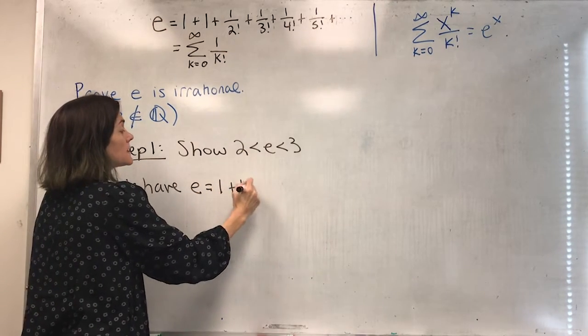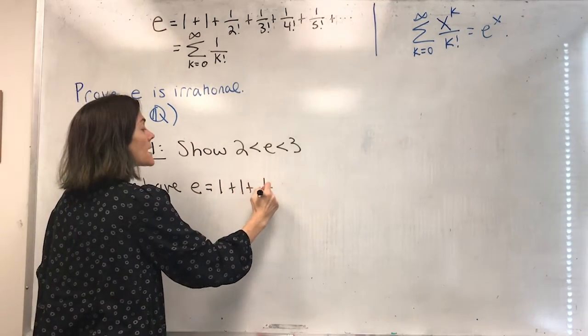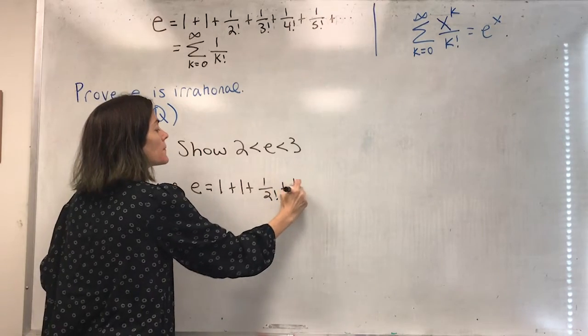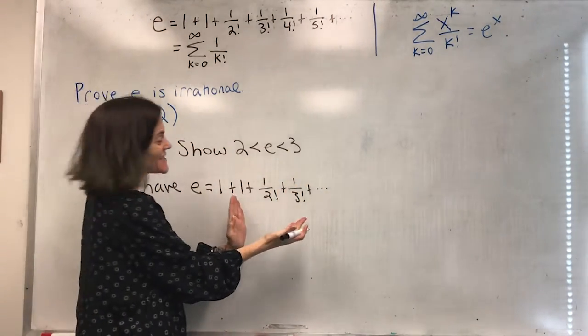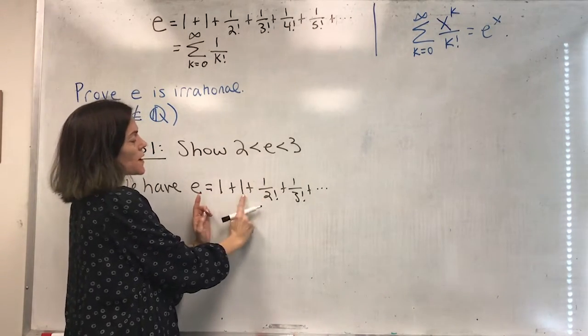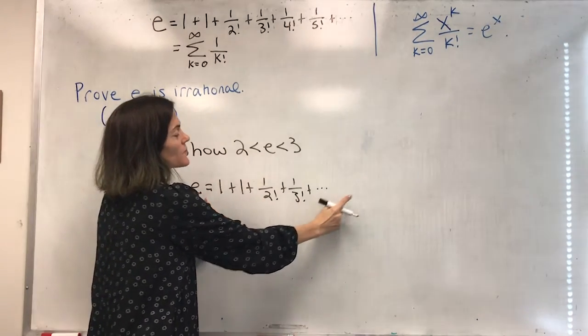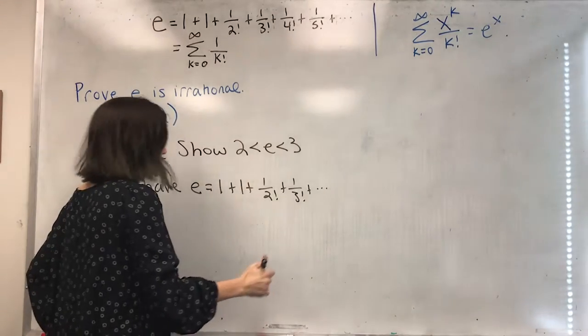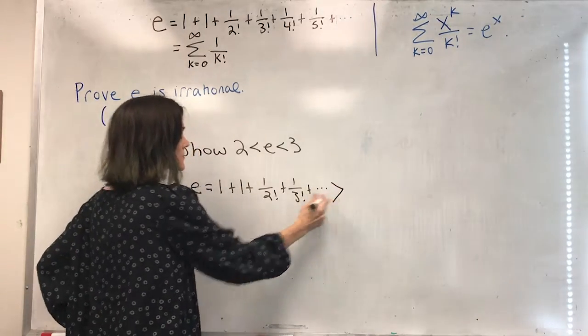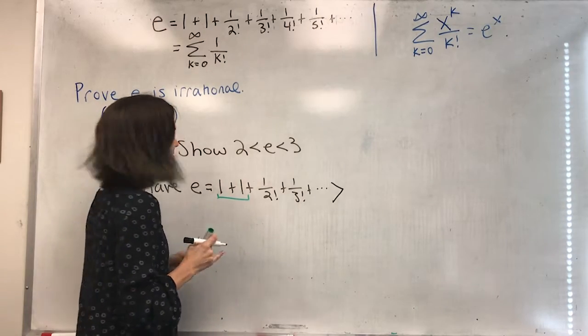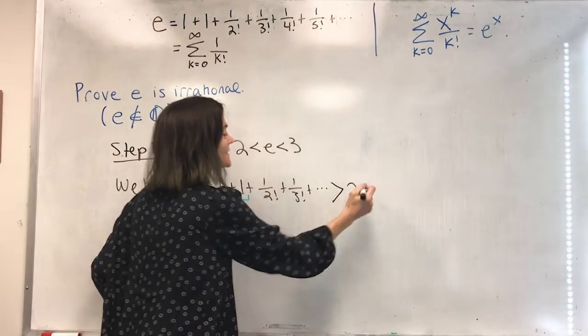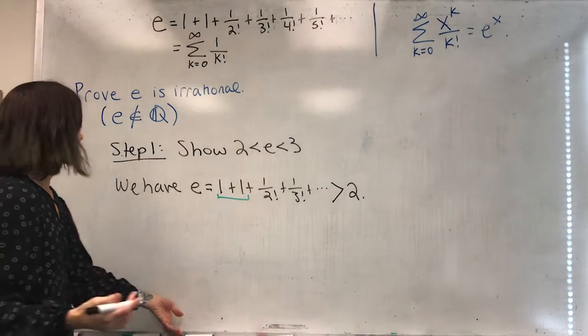this is the easier one to realize, because if you look at these terms, well, this is one, positive, positive, positive, positive, positive. So this is strictly bigger than the first two terms, which add to 2. Okay, very nice.